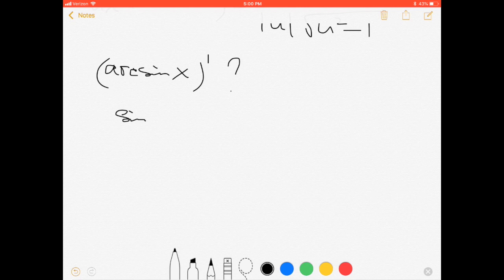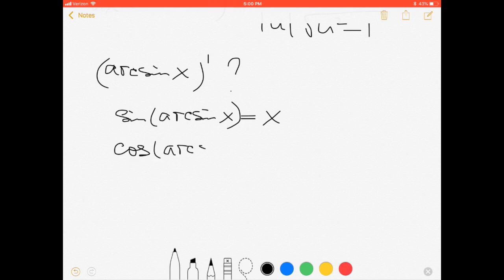This means we now compose sine of arcsine x, and it will be exactly x. Find the derivative of both sides of our identity. Derivative of sine will be cosine of arcsine x, multiplied by the derivative of the inside function. We use the chain rule here. Derivative of arcsine x, and the right side will be equal to 1 because the derivative of x is 1.